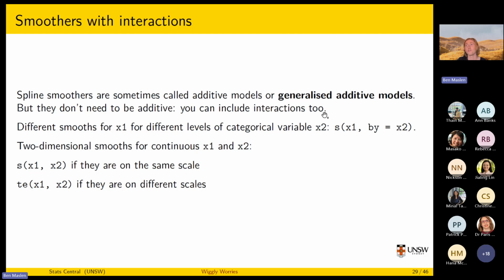So you can have different smooths for each level of a categorical variable, say by having a smooth of x1 by x2, where x2 is a categorical variable with a bunch of different levels, and two-dimensional smooths for two continuous variables. You can do that just using our s call if they're on the same scale, or you can do a tensor smoother if they're on different scales.